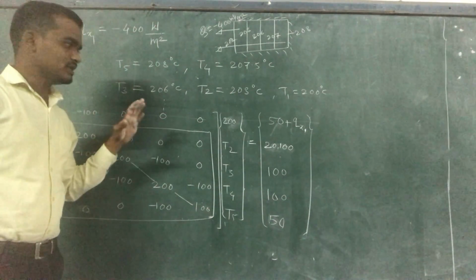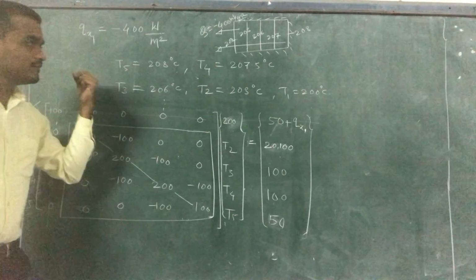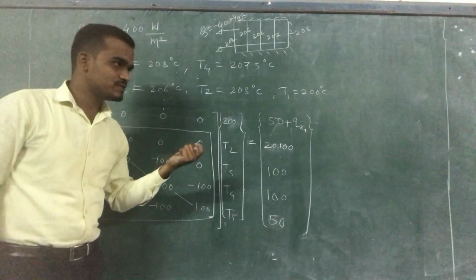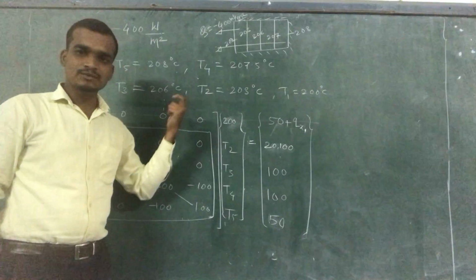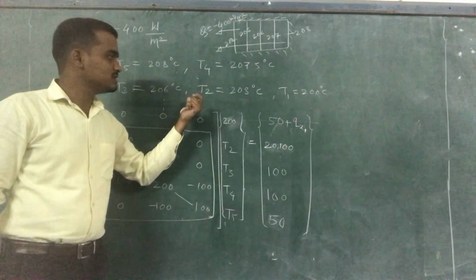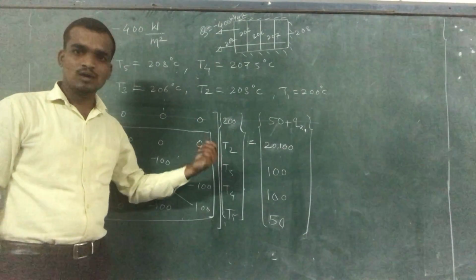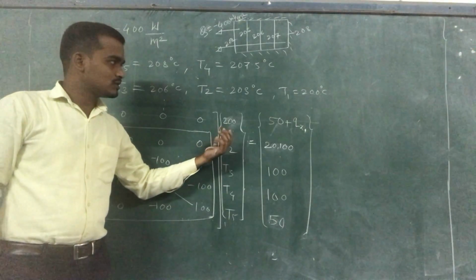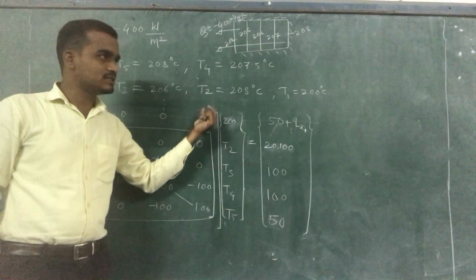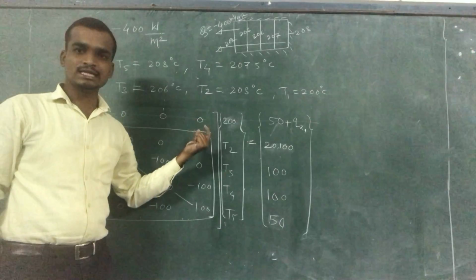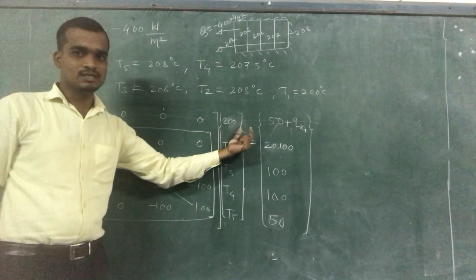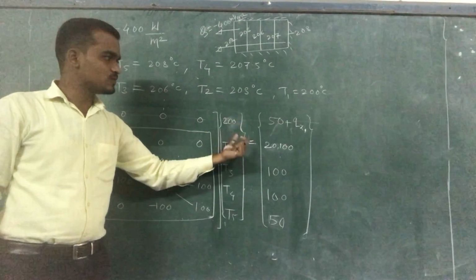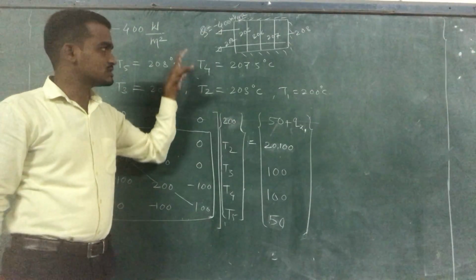So if the heat generation as well as heat conduction is given in the problem, you can solve by using this procedure. We have also studied how to calculate the load vector due to the heat generation.